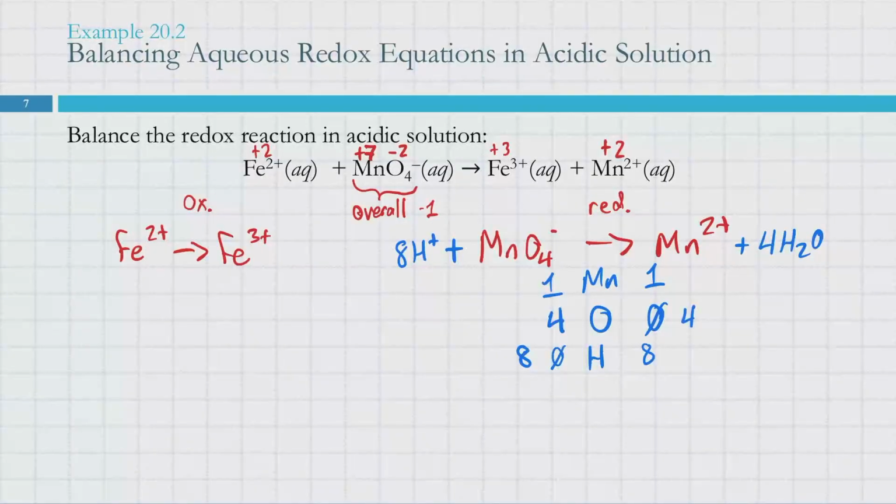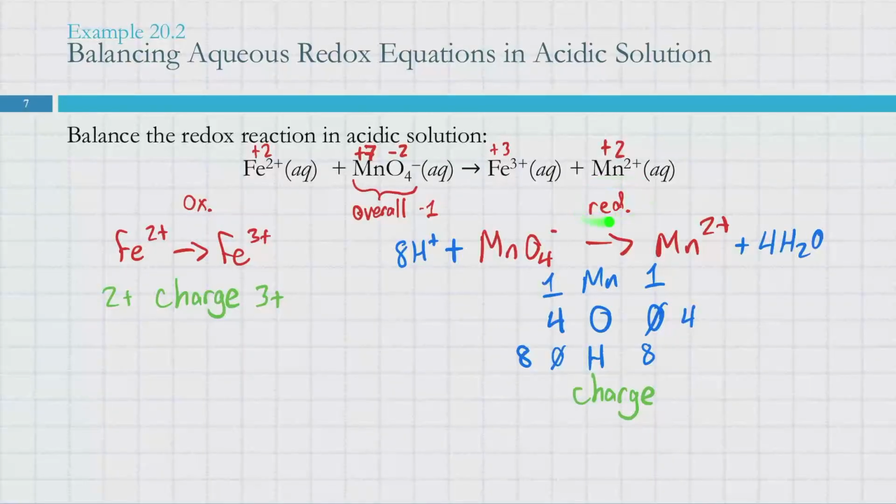And now we do the special thing. We do the balancing with respect to charge. So we need to count up our total charge. For our oxidation half reaction, that's the one with iron, we've got 2+ and 3+.